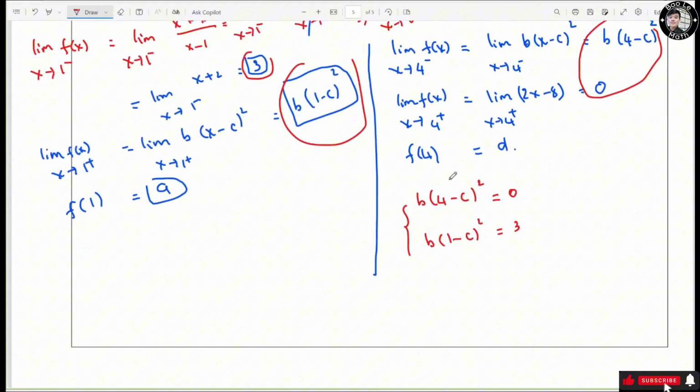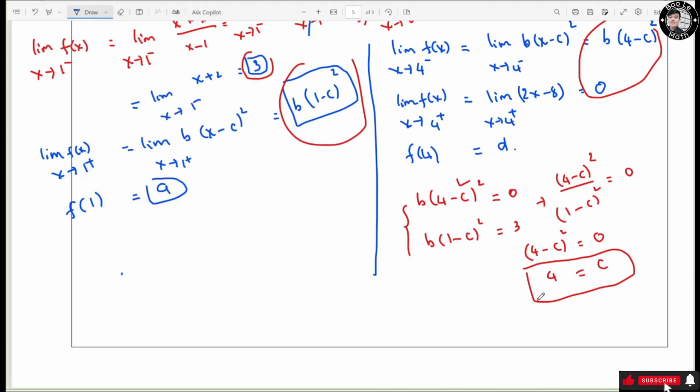Now I'm going to divide this one vertically. So what should I have? B and B cancel out, so I have 4 minus c altogether squared over 1 minus c altogether squared equals 0. So does that mean 4 minus c squared equals 0, and then 4 equals c?